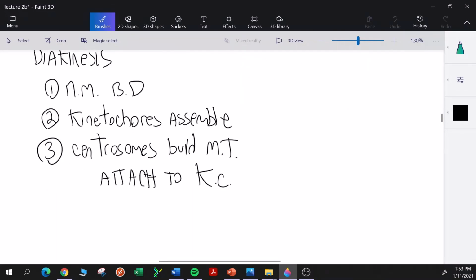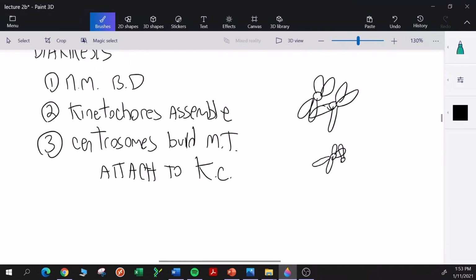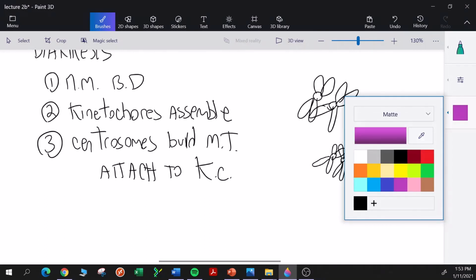Okay, so let me diagram that quickly while you think about that. So no nuclear membrane. Where did I put the chiasma for this other guy? Up here. So kinetochores.